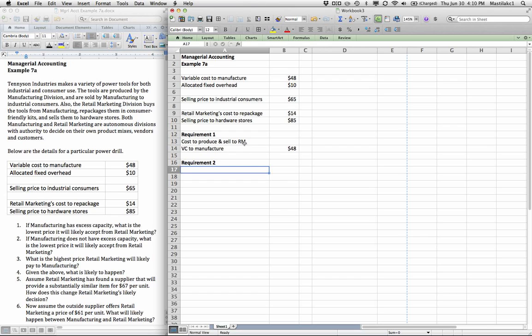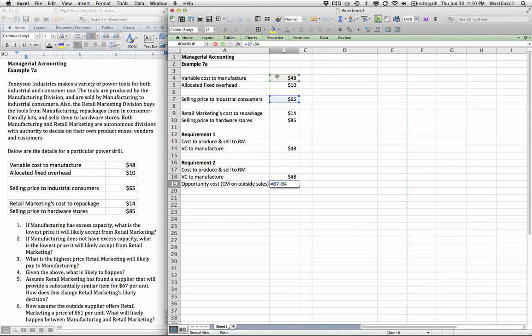So in that case, we're not only going to include our variable cost to manufacture, but we're also going to include our opportunity cost. We'll just say our CM on outside sales, which will be our outside selling price minus our variable cost to manufacture.